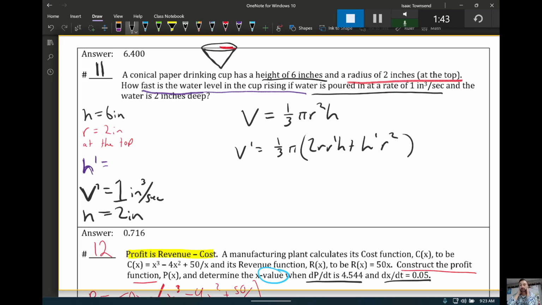And then just like question 8, you hit kind of a roadblock because they give you a ton of information. They don't give you all of this stuff. I know what V prime is. I know what R is at the top too. That's not really the R all the time. R prime, I have no idea about. H I know. H prime is what I'm trying to find.